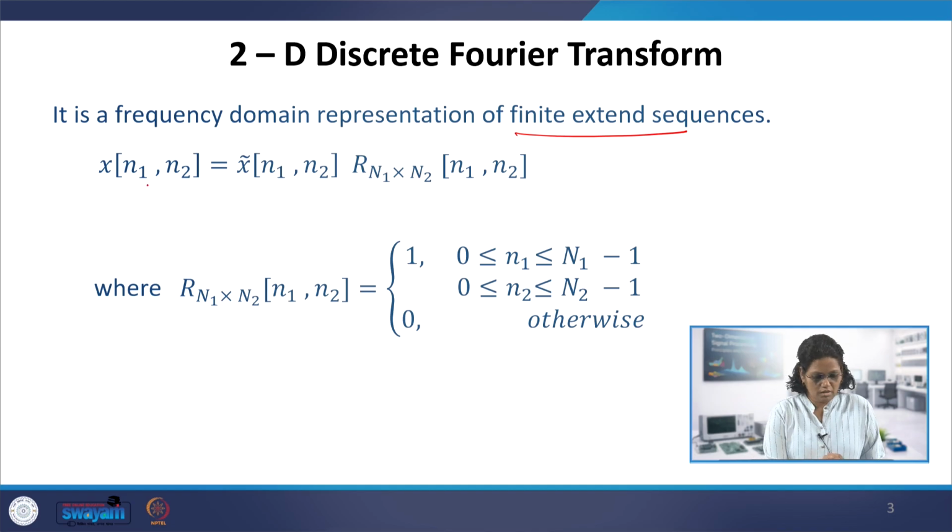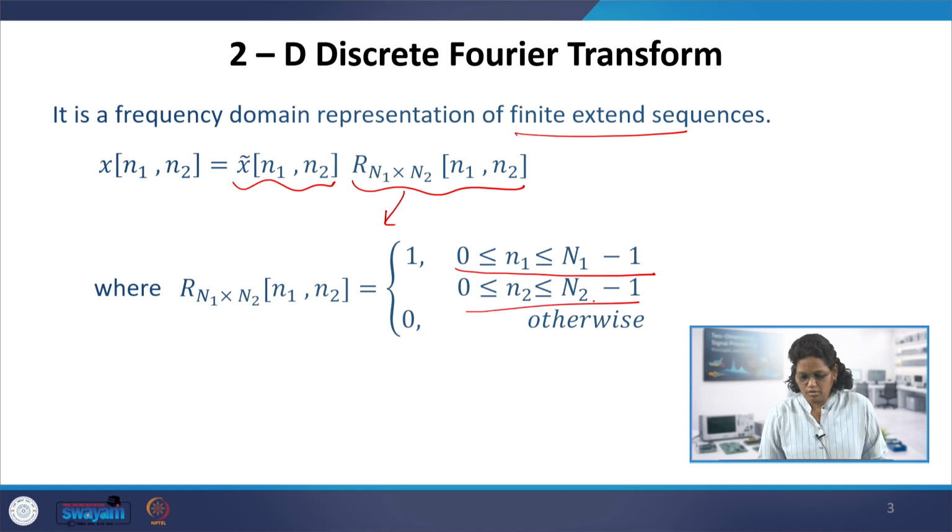Now, if we take the periodic sequence x tilde of n1 comma n2 and multiply it with a rectangular function of n1 comma n2, of dimension N1 cross N2, this function is equal to 1 for n1 between 0 and N1 minus 1 and n2 between 0 and N2 minus 1.